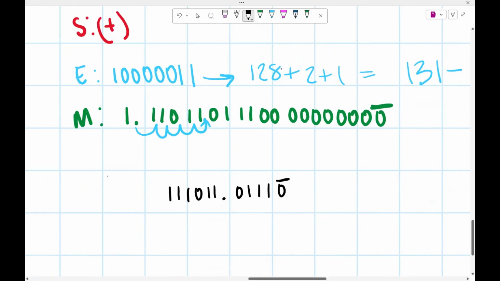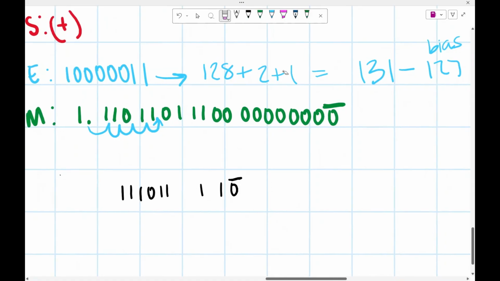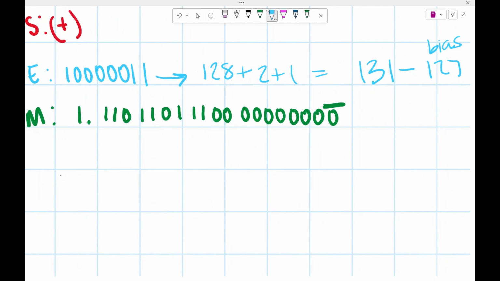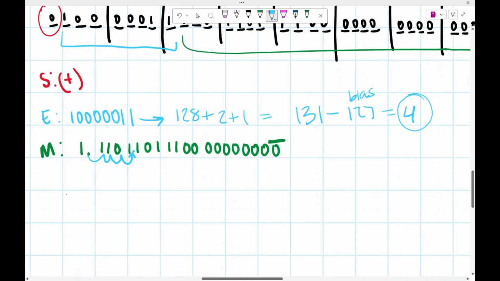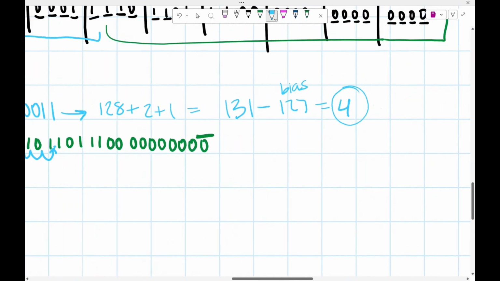Two, three. Oh, I think I moved it too many times actually. One, two, three, four. Yeah, I think I'm good. Good thing I caught that because then I would have gotten the wrong answer. So be careful with that, you guys.